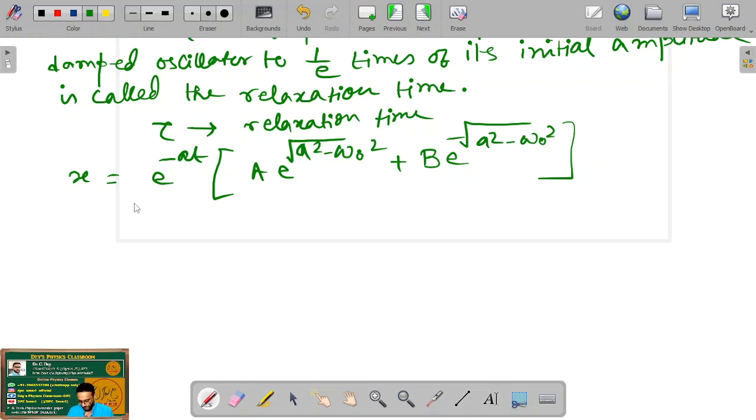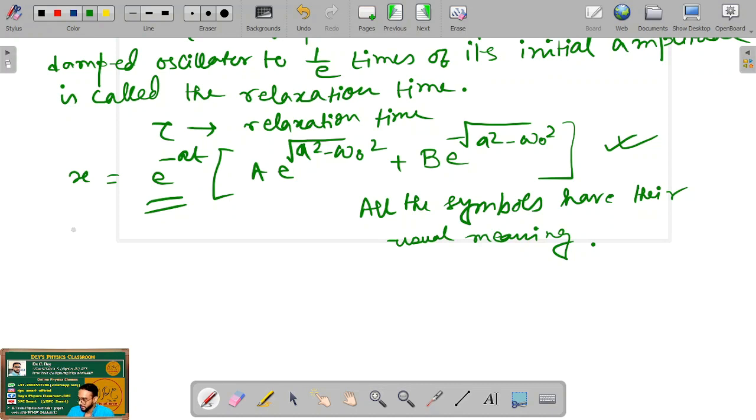Now we know the expression for displacement of a damped harmonic oscillator is given by this equation. So here we know that this displacement has an amplitude part and that depends on exponential term. Here all the symbols have their usual meaning that I have already discussed in my previous lecture.